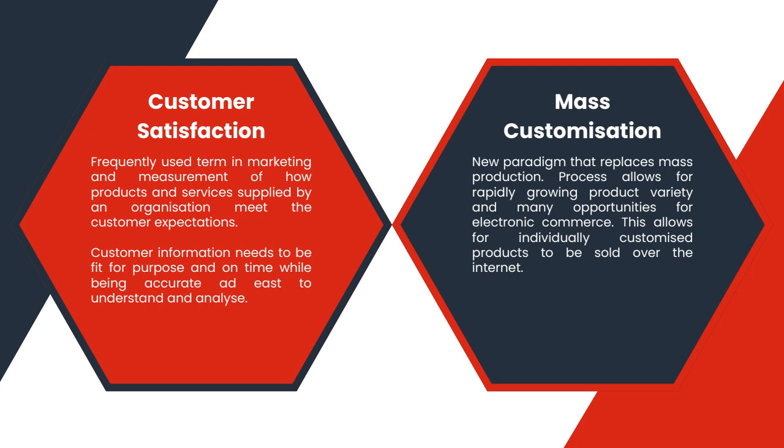So there is a growing product variety, especially in the electronics environment, and from a 3D printing and that sort of environment. It's a rapidly evolving market, and it allows for individually produced customized products to be sold over the internet.